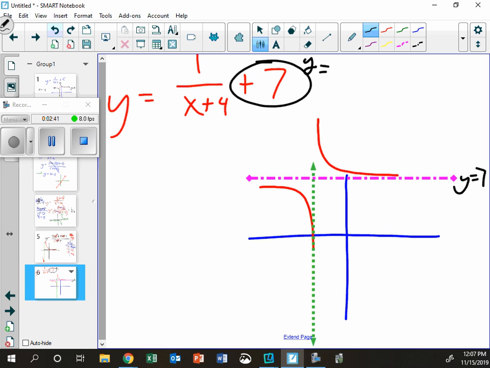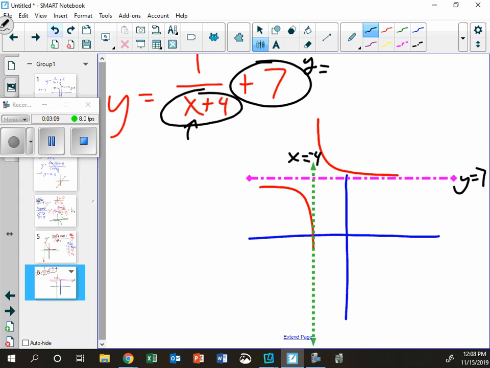Next, let's talk about this green asymptote. The green asymptote is an x equals asymptote. It's at x equals -4, and that came from there, obviously. So, here's the quick answer. Verticals are whatever makes the bottom 0 unless it happens to be a hole, and I will show you those in a second.